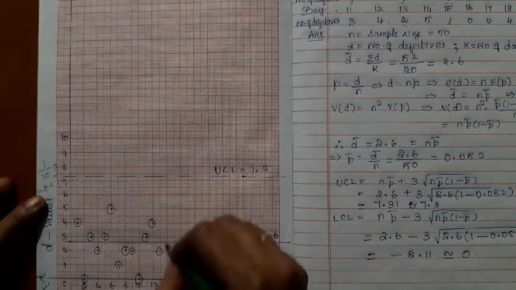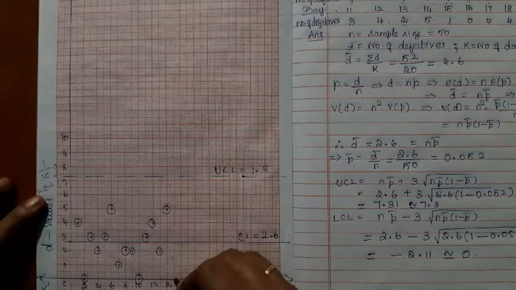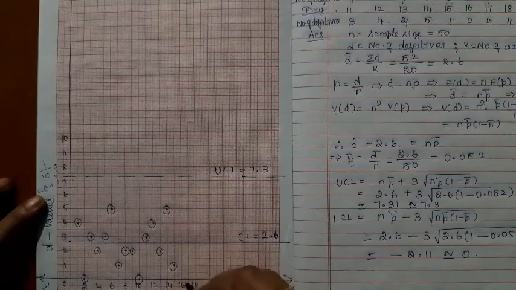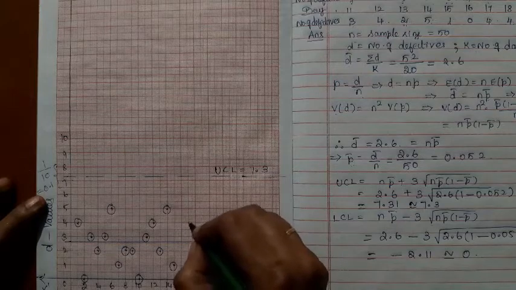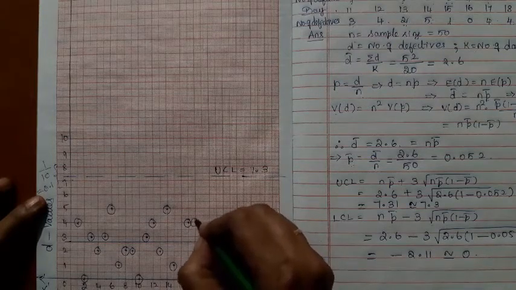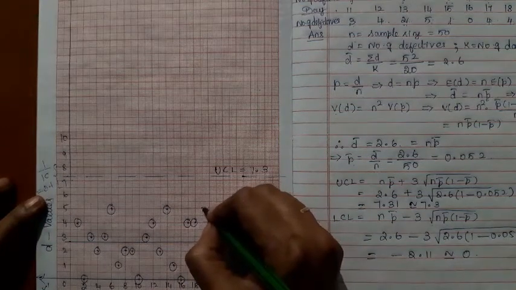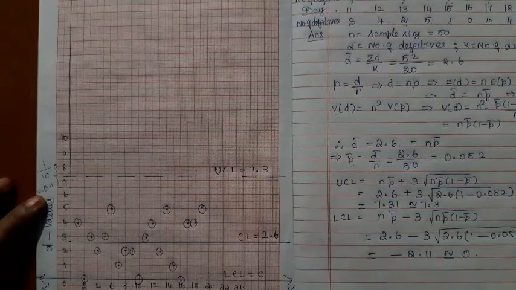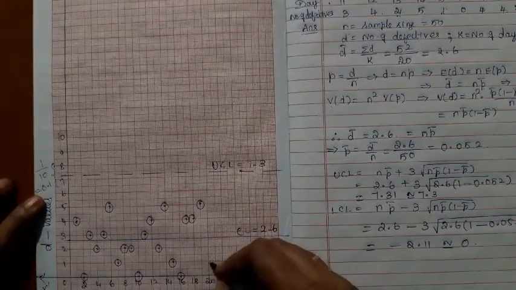For 14th, it is 5. For 15th, it is 1. For 16th, it is 0. For 17th, it is 4. For 18th, it is 4. For 19th, it is 5. For 20th, it is 2.